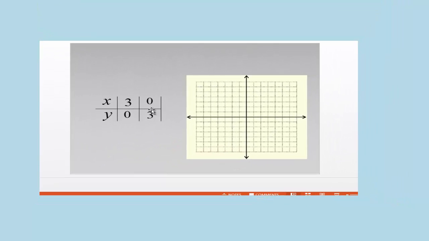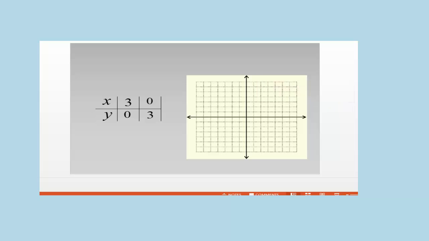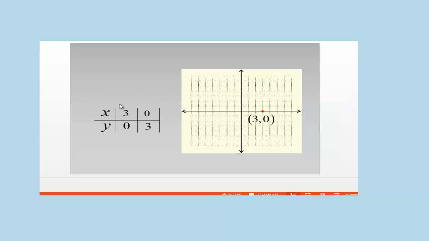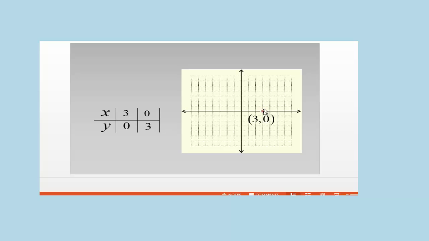After completing the table of values, you are now ready to graph the given equation on the Cartesian plane. This is the Cartesian plane. First, you must plot the point 3, 0. Here is the point 3, 0.